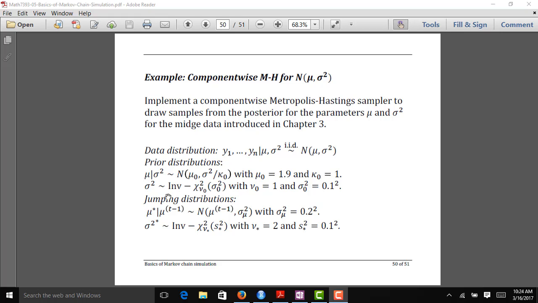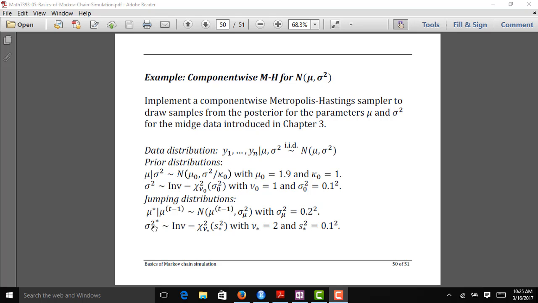Our jumping distributions are going to be related to our prior distributions. So the jumping distribution for mu star, the new sampled value, conditional on mu of t minus 1 is going to be normal with a mean of mu t minus 1 and a variance of sigma mu squared, where sigma mu squared is 0.2 squared.